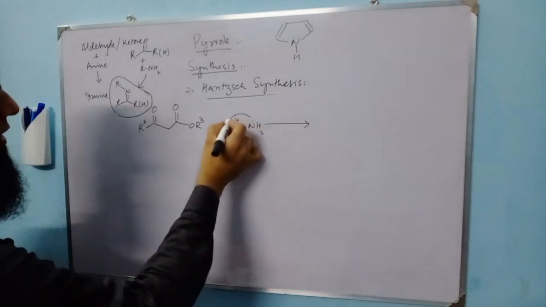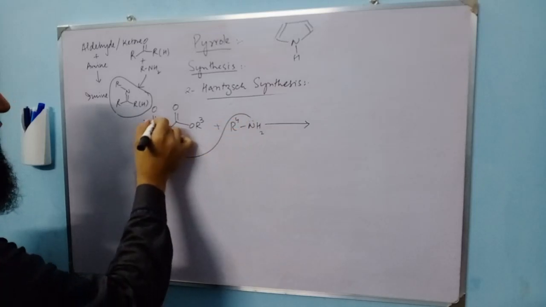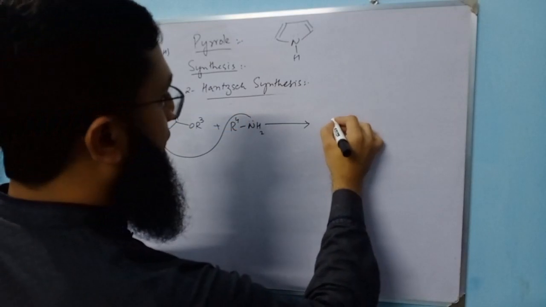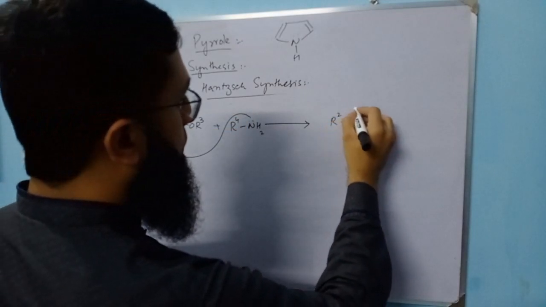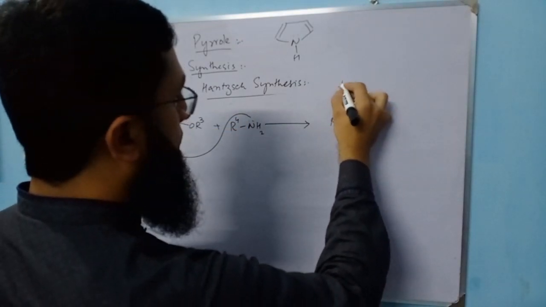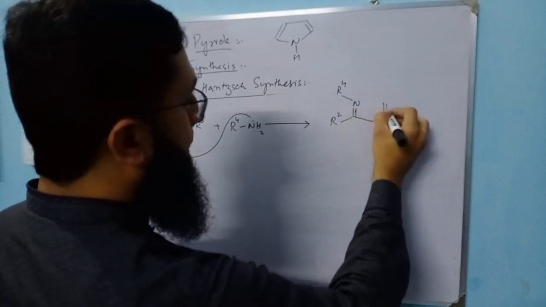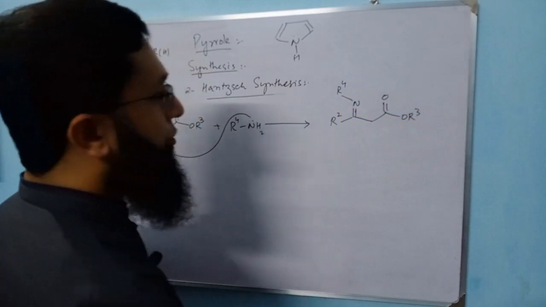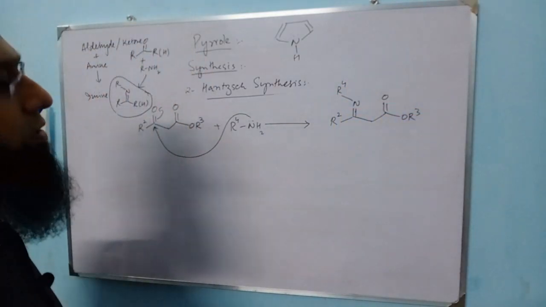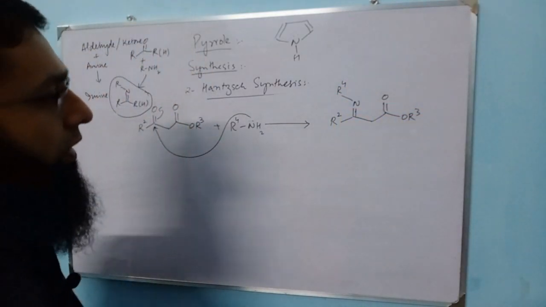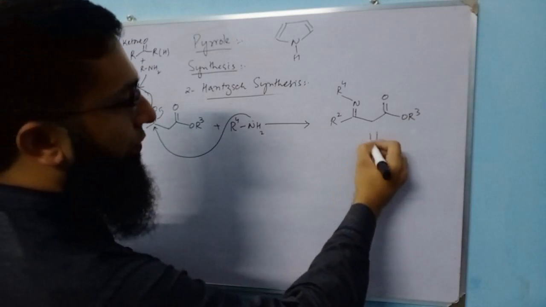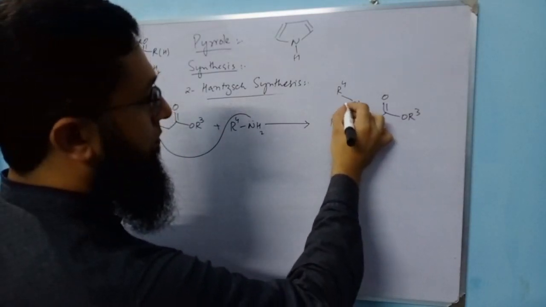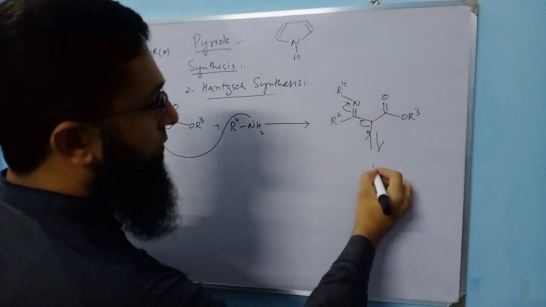This would attack on this carbon, and after imine formation we would get this here. You should know the mechanism of imine formation, and this can tautomerize as enamine.